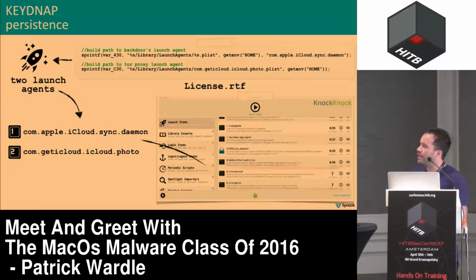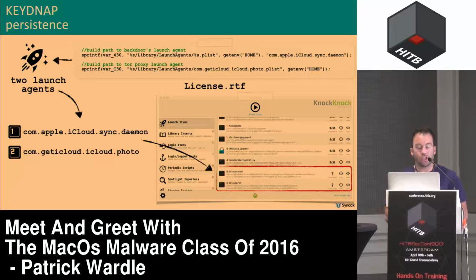If we decompile the malicious binary that was injected into the legitimate Transmission application, we can see it installing two launch agents. If we use a tool such as KnockKnock, which shows you what is persisted on your computer, we can see both of these launch agents showing up, and they both are named iCloud something.